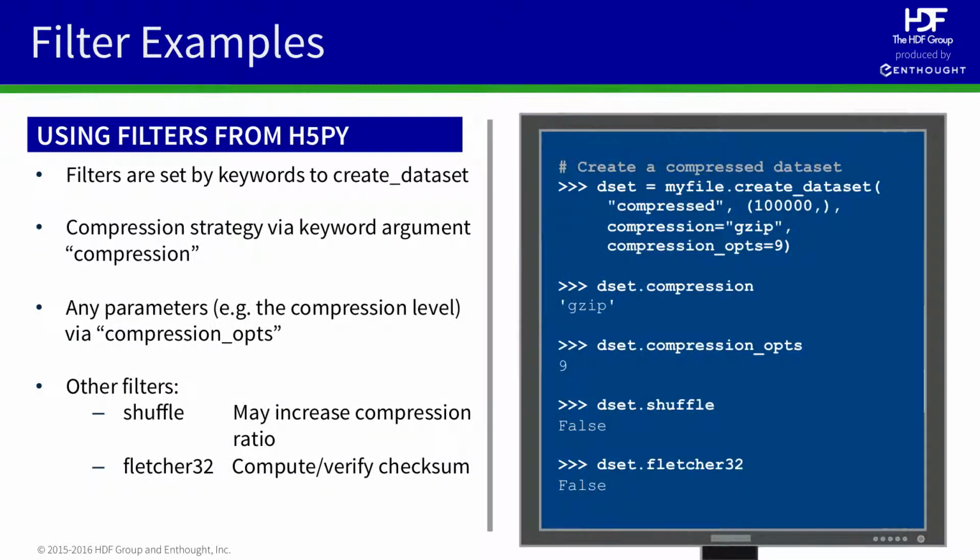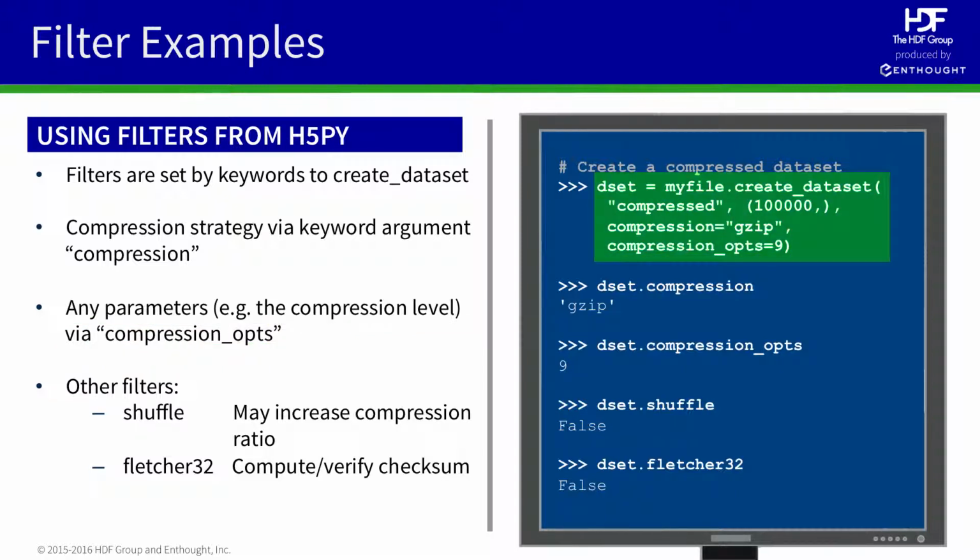Let's see an example of how to use filters from h5py. In this example, we're going to create a compressed dataset using the gzip compression method supplied by the HDF Group. Recall that filters are set when a dataset is created, so we're going to use keyword options to the method create_dataset. The compression method is specified by the keyword option compression, and parameters, for example, the gzip compression level, is set by the keyword option compression_opts.